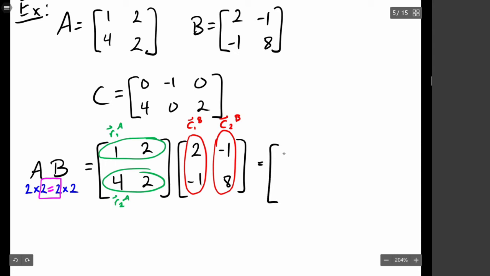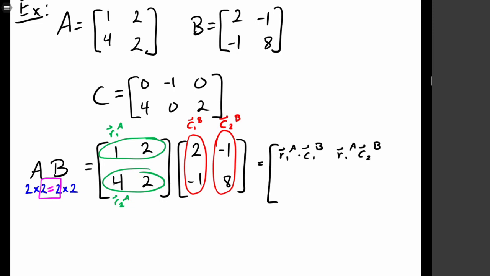Remember, the 1,1 entry here says take the first row and the first column. R1A dot C1B. Okay, here we're in the first row, second column. So we use the first row here and the second column here. R1A, C2B. Right? This is always how we're sort of choosing these things. Wherever we are here, like for the next entry, this one here, this is row 2, column 1 of the output.